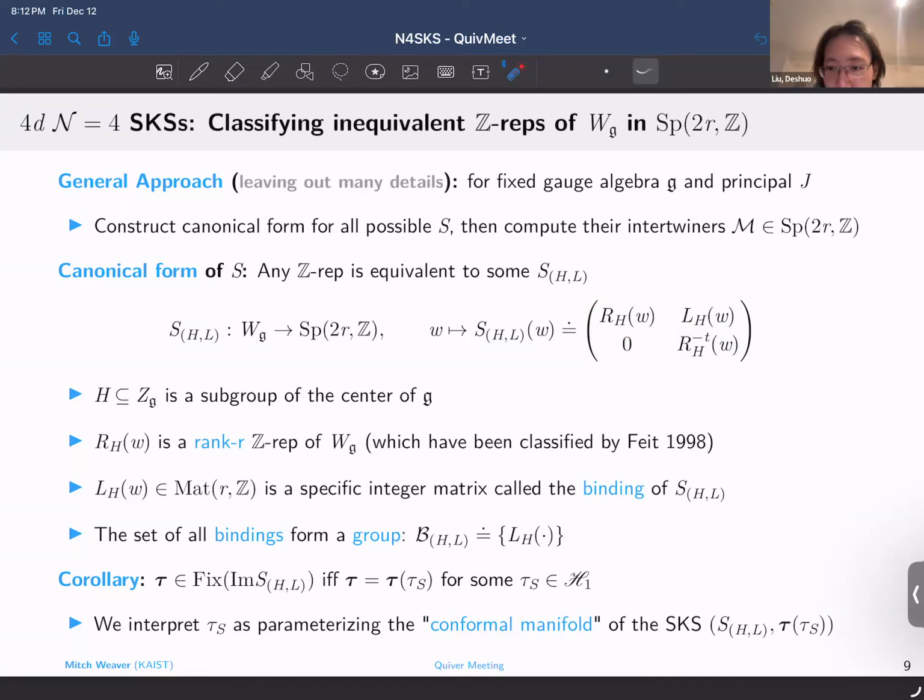I can see that if the L H part is trivial, then it's definitely a symplectic reflection. But maybe L H is not.